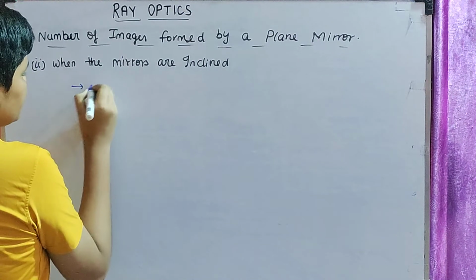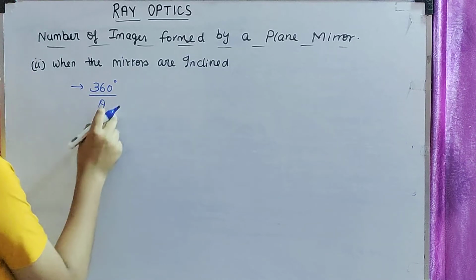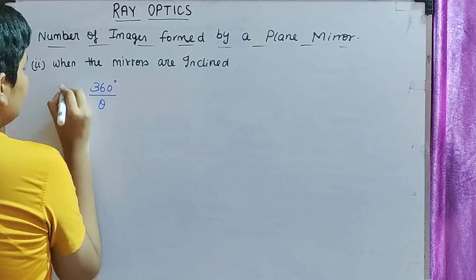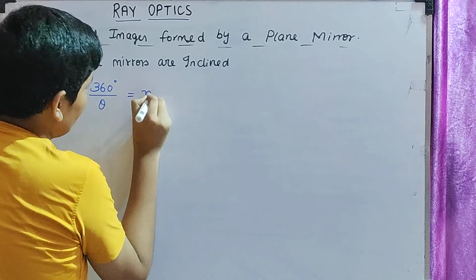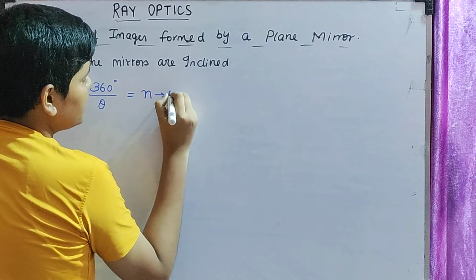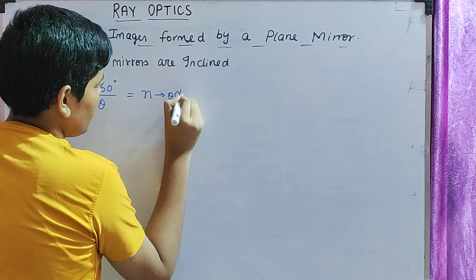I'll do the trick first. So if 360 by theta. Now what is theta? I'll explain theta. So if 360 by theta is equal to n, and this n is even. First we'll take odd itself, and n is odd.